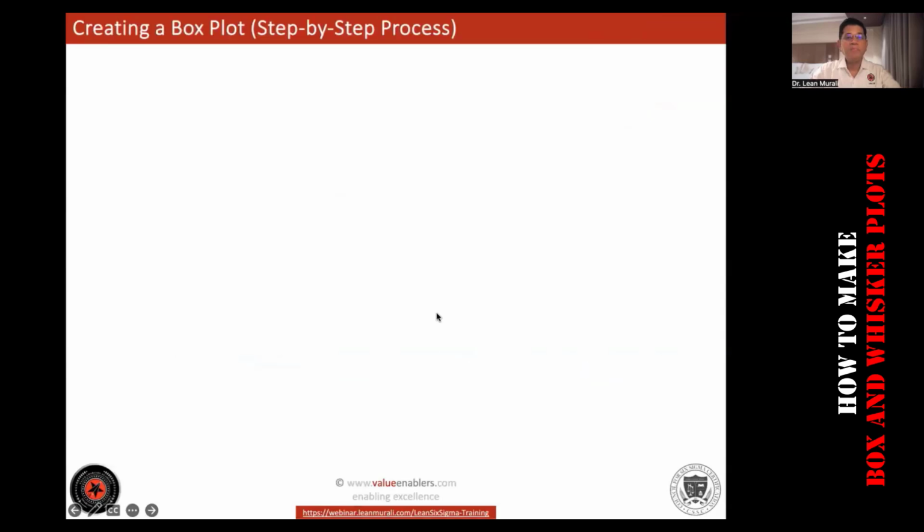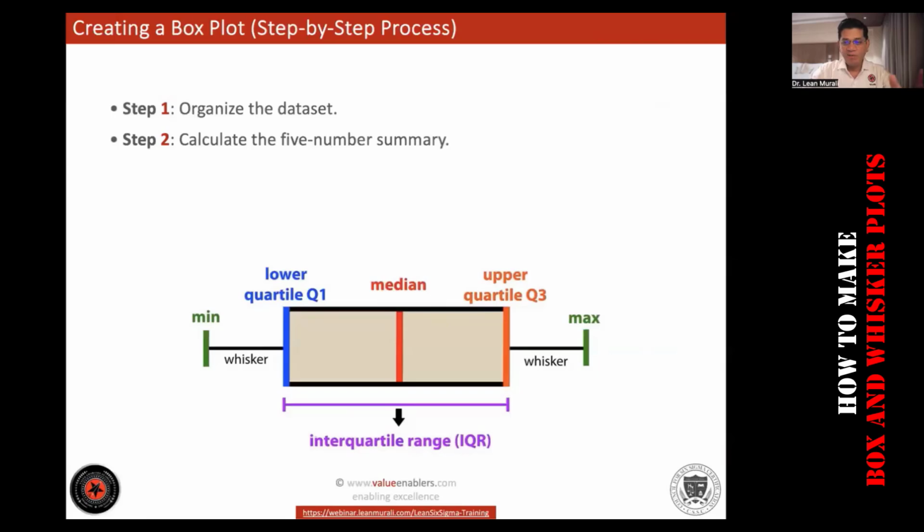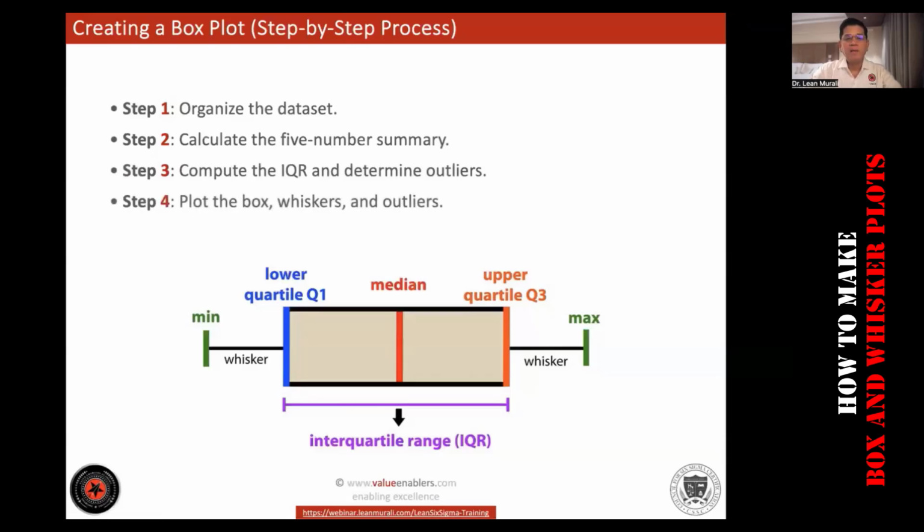Creating a box plot step by step is very easy. First, organize the data set. Calculate the 5-number summary, which we have already explained. Then compute the interquartile range, determine the outliers, and plot the box, whiskers, and outliers.